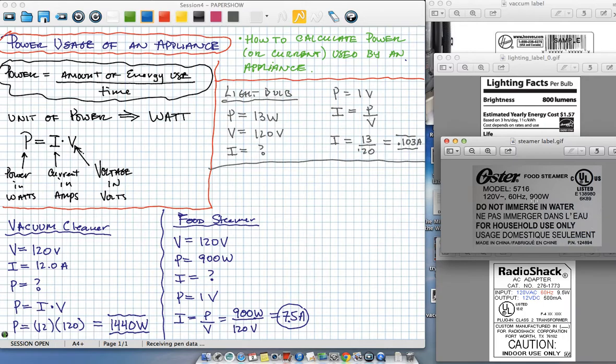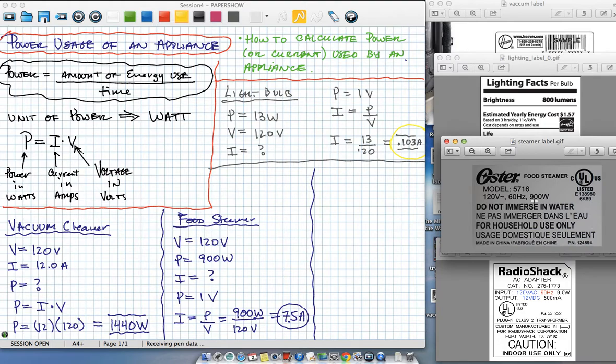Wow, that seems like a lot of amps compared to that light bulb right there. The light bulb that we calculated earlier is only 0.1 amps, and this is 7.5. That actually makes sense, because it takes a lot more energy to use a food steamer than to use a light bulb.